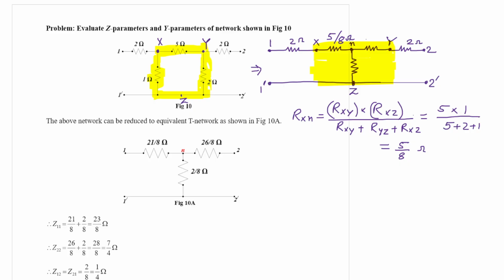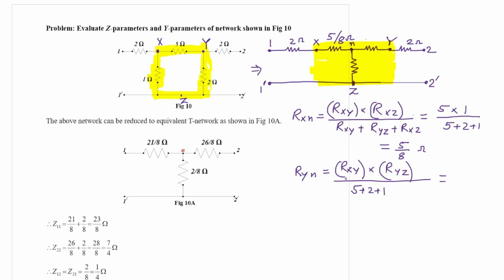Similarly, if you evaluate Ryn, it will be Rxy into Ryz divided by summation of all these three. So it will become 5 plus 2 plus 1.